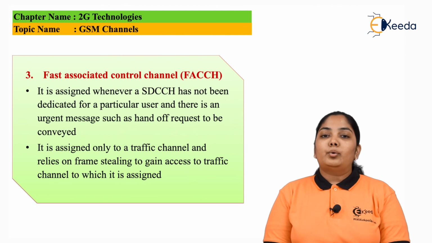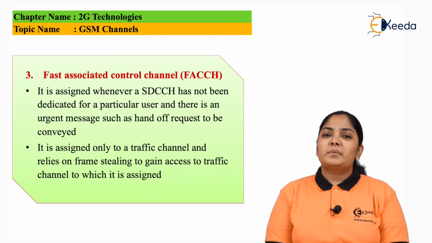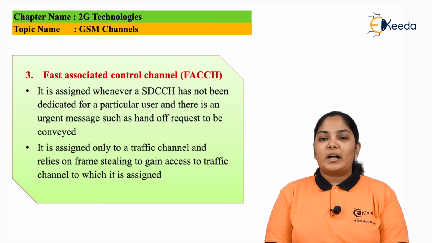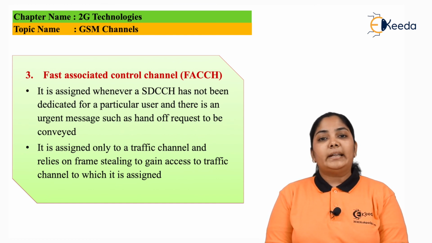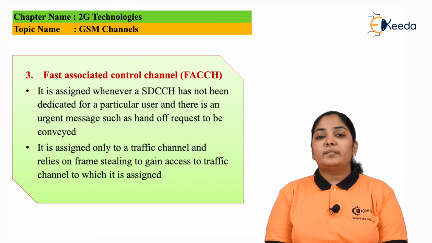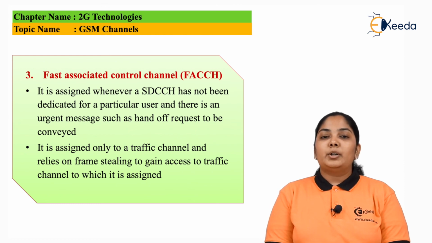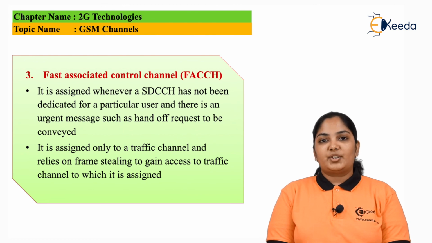It is assigned to only the traffic channel and it relies on frame stealing. Frame stealing means, since it is fast associated and does not have an initial dedicated control channel given, it depends on frame stealing to send the information of handoff, which is immediate. In this way, it is able to gain access to the traffic channel and send the user information.